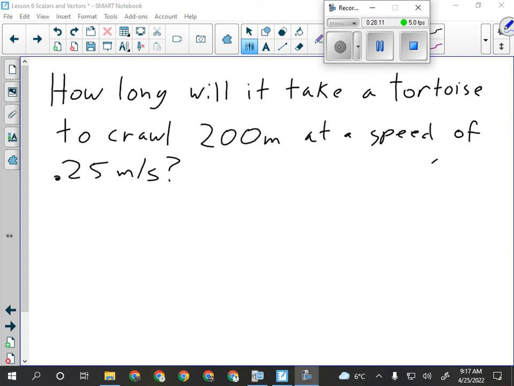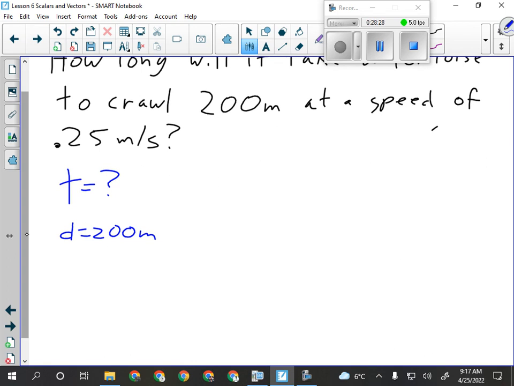Time. Will it take a tortoise to crawl 200 meters? What did they give me there? Distance. And I know it's distance and not displacement because it doesn't have what? No direction. And then it tells me its speed of 0.25. So they tell me it's speed right out. 0.25 meters per second.